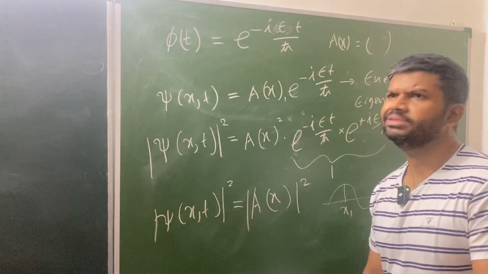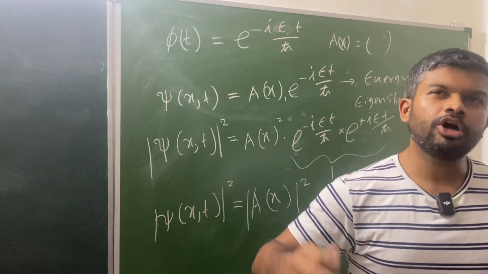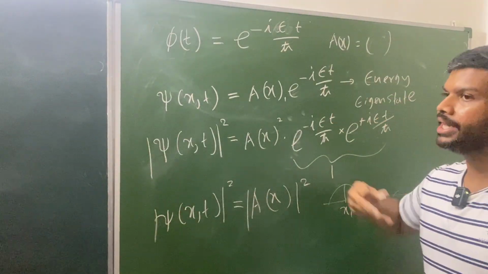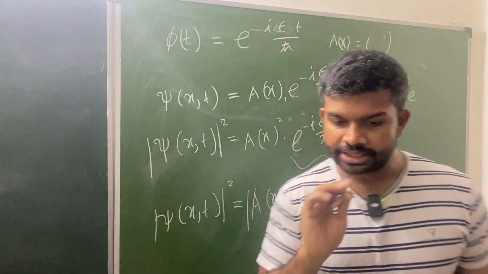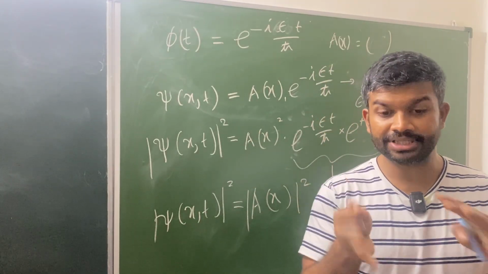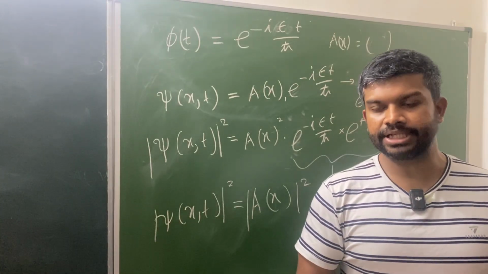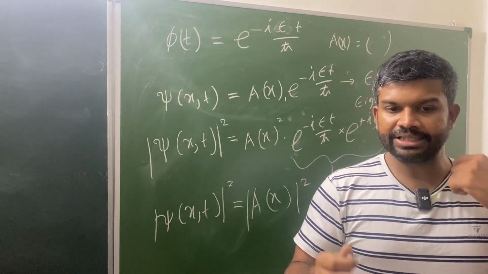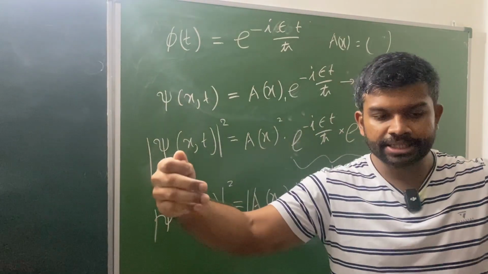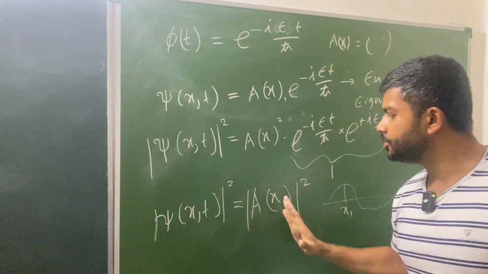You might be wondering, throughout my entire video series I have been repeating this word eigenstates, eigenstates. In the next video, I'll introduce what the other states are, right? Some states are not eigenstates, guys, in the sense that when the collapse happens, you are not certain what you are going to get.